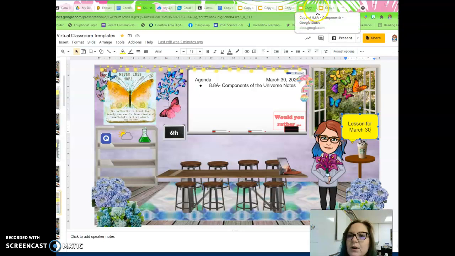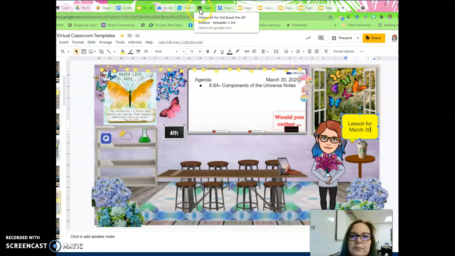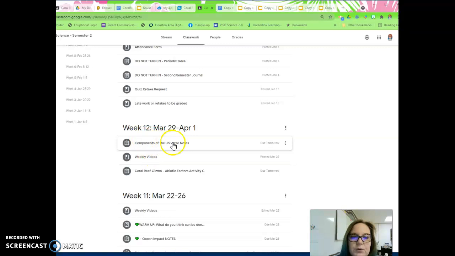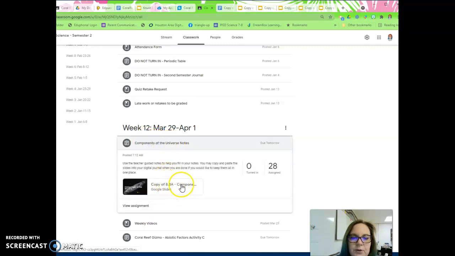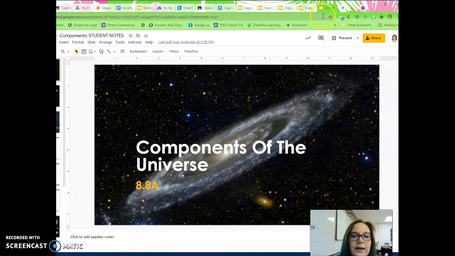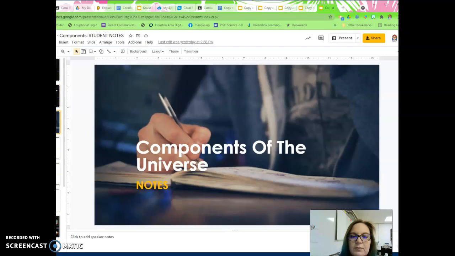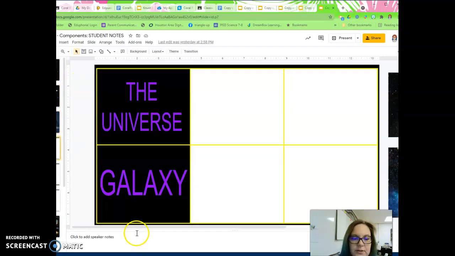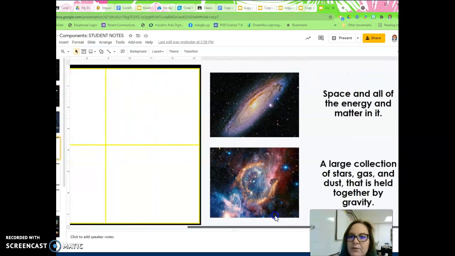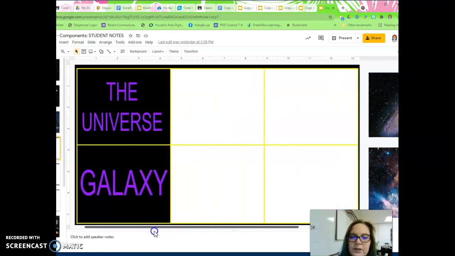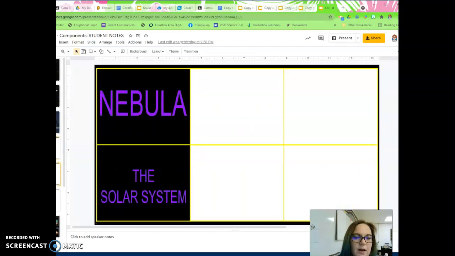And so you are going to have in your Google Classroom the components of the universe notes for the student slides. And so they'll look like this, where you have pages that are going to have pictures and definitions that you'll match up as we go.